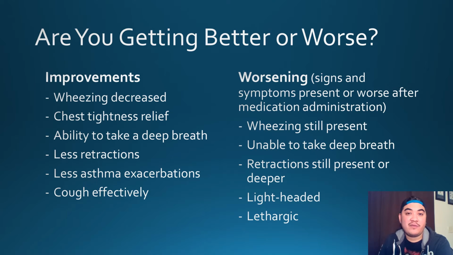The chest tightness is relieving, and you can now take a nice deep breath. You're going to see less retractions. Overall, you will have fewer asthma exacerbations if you're improving. You might even be able to cough effectively since you're able to take that nice deep breath.